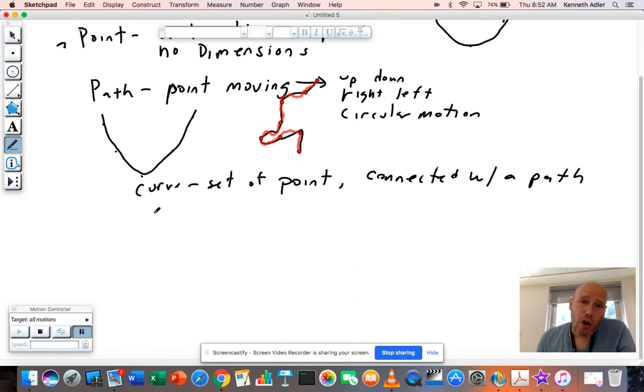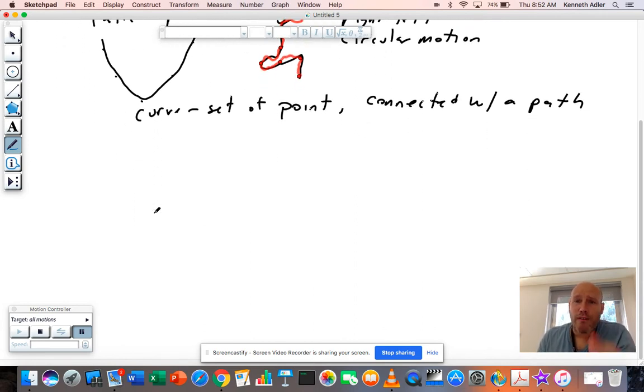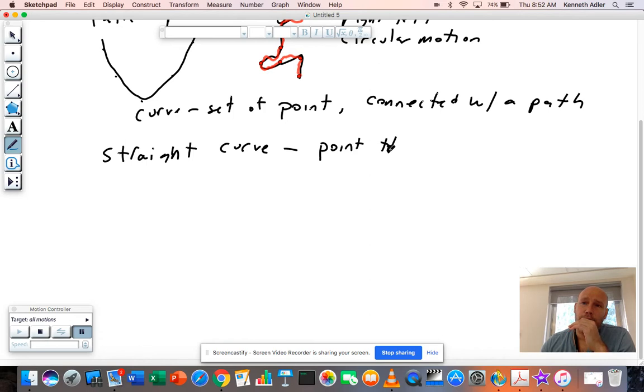Okay, well, what kind of curves do you deal with? Well, we just spoke of our first one, a line. So we have a straight curve. What is the idea of a straight curve? Because we plotted points, but how do we plot points specifically for a straight curve? Points that have one direction, right?